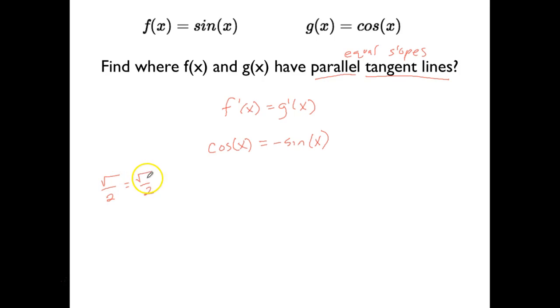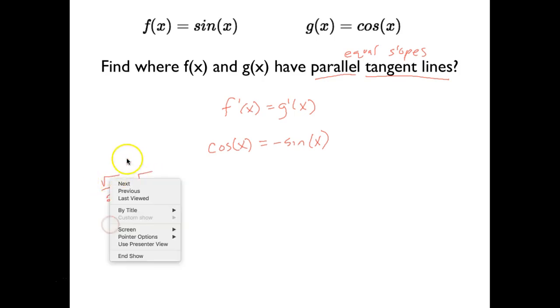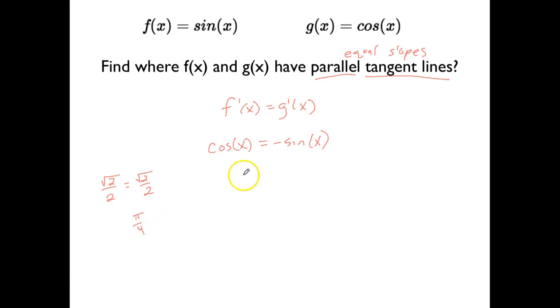So which finger do you put down that makes it have the same number on the top of these square roots? If you're putting down your fingers right now, that's going to be when you get a 2 in both of these. And that's going to be your middle finger, which is at pi over 4, where that occurs.